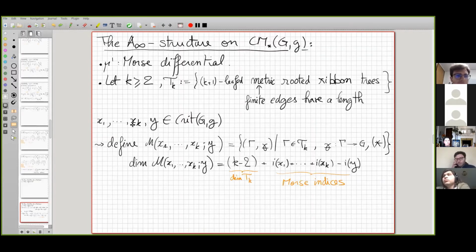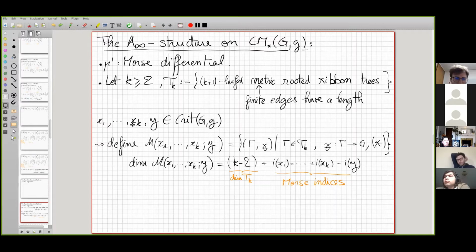And then if you take an integer k bigger than 2, you have the moduli space of all trees, the trees with k plus 1 leaves, and these are metric rooted ribbon trees, and that means that whenever you have a finite edge, you also have a length associated to this edge. This is well known to be a polytope, the associahedron, at least when you compactify it.